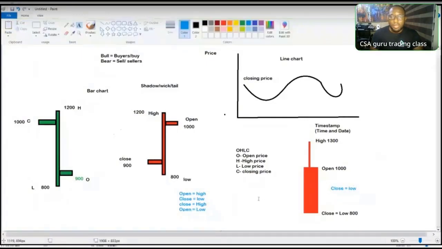Now the other one we can have is open equals to high. For open equals to high, we get a scenario like this. The price opens here. This is open, and this is our high.